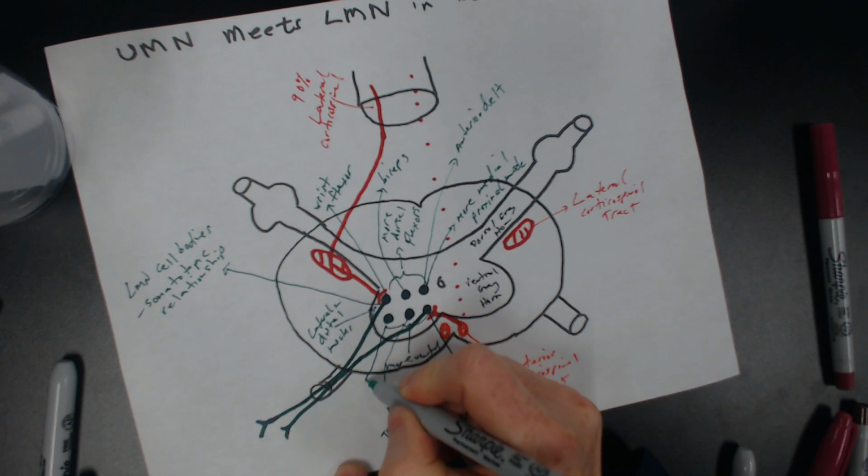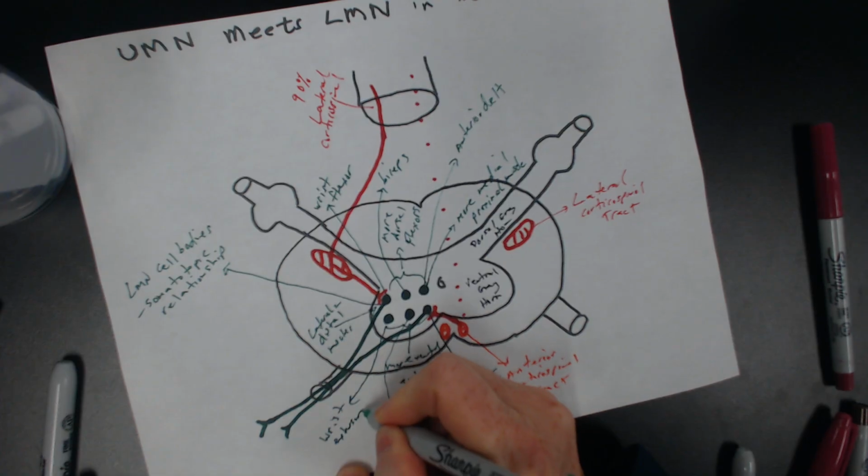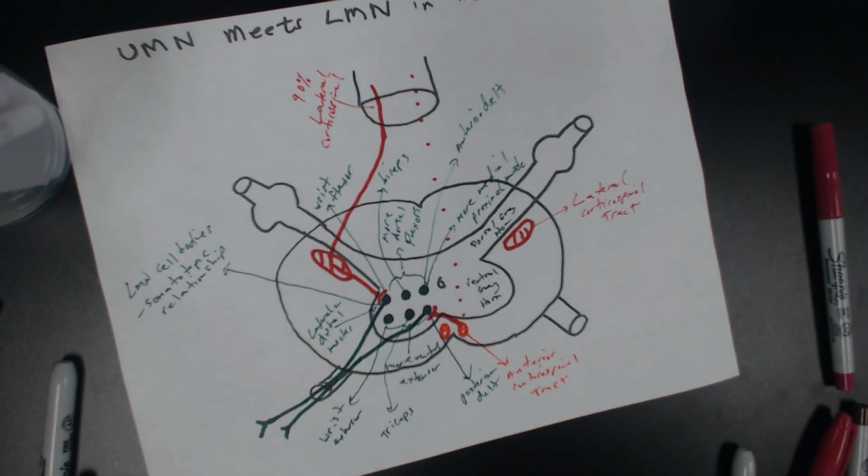And then most distal could be wrist or finger extensor. So whoever asked about the somatotopic relationship, I don't remember who it was, Johnny, does that make sense now? That's the somatotopic relationship in the ventral gray horn. Okay, so are you good? Yes. Any other questions about that?